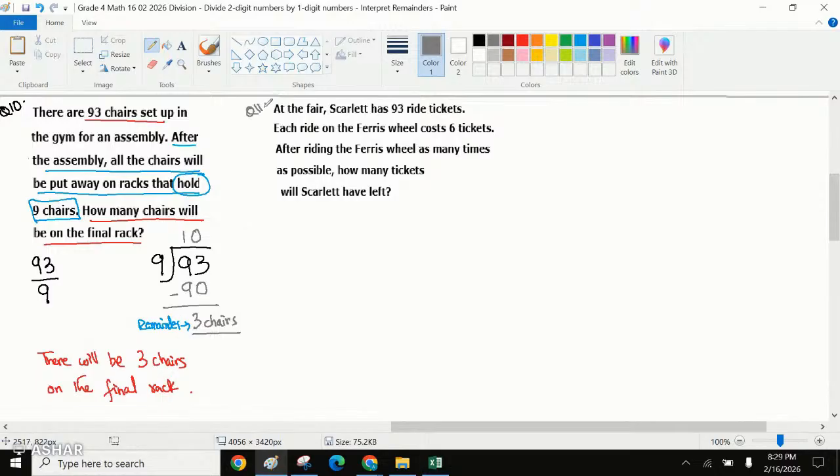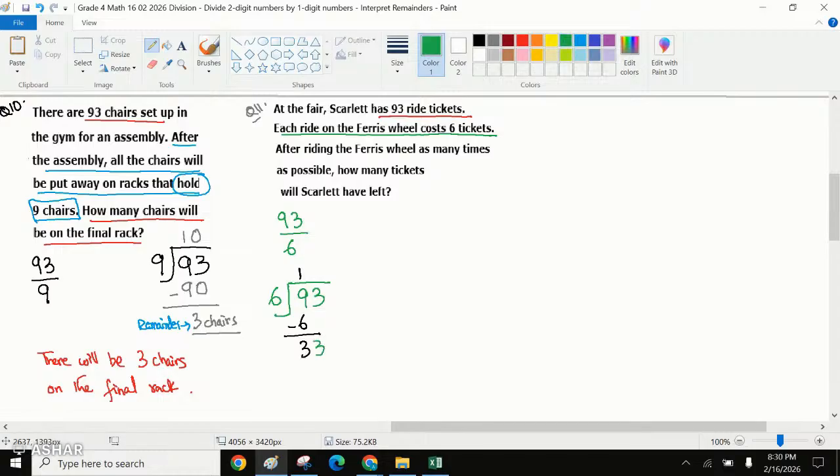Okay, question number 11. If Scarlett bought 93 tickets for any ride, each ride on the Ferris wheel costs 6 tickets. That means she can ride multiple times. That means 93 is to be divided by 6. 6 times 1 is 6. 9 minus 6 is 3.